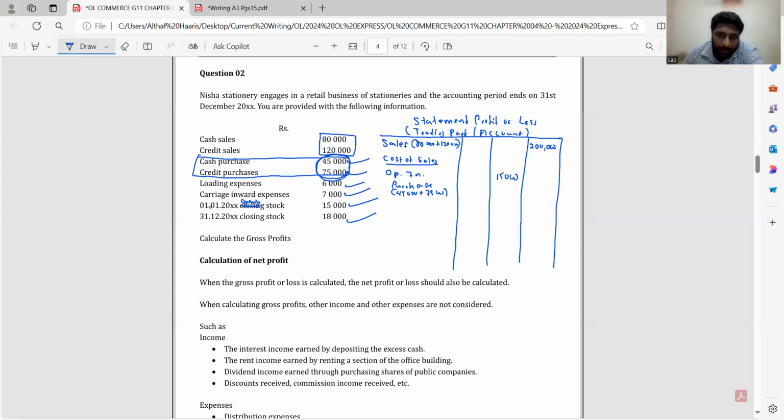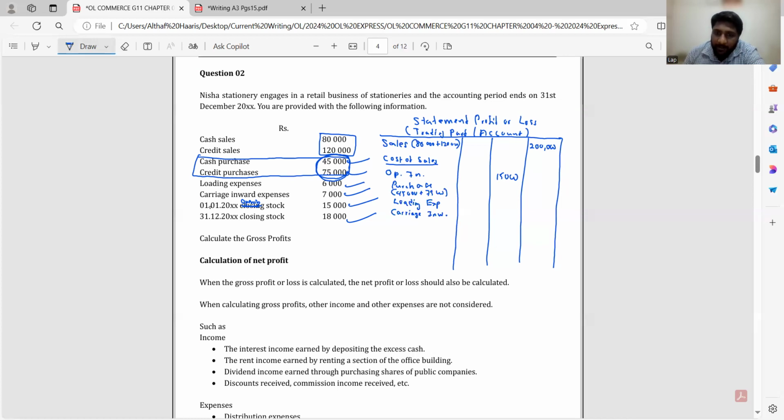Then loading carriage. You write the full form, people. Don't write it half like I do. I have these bad habits, so please don't get used to them.